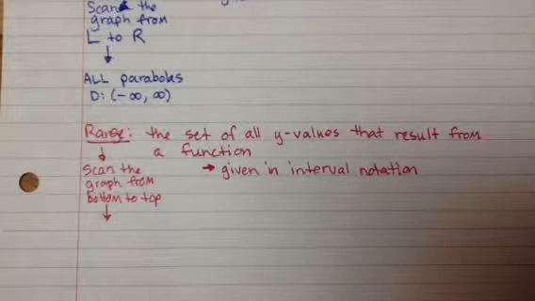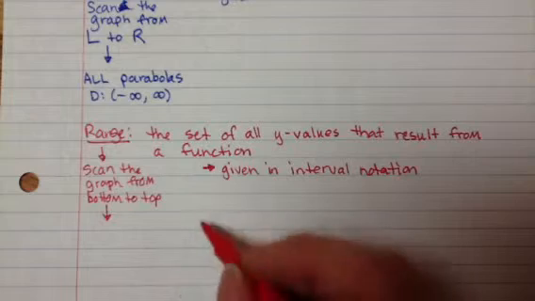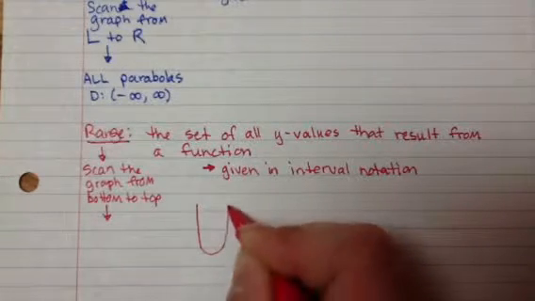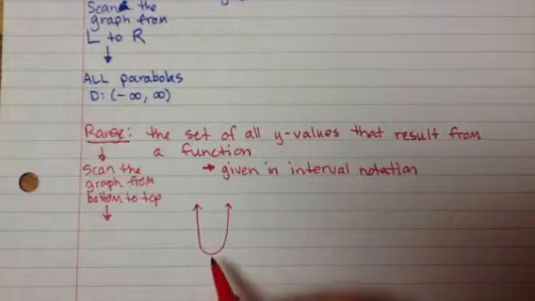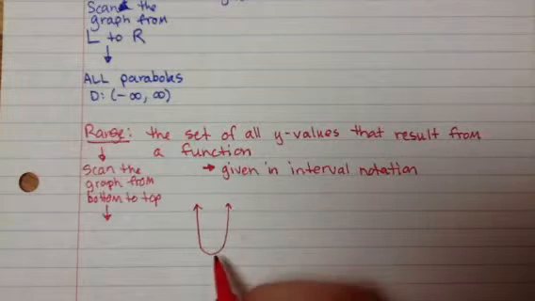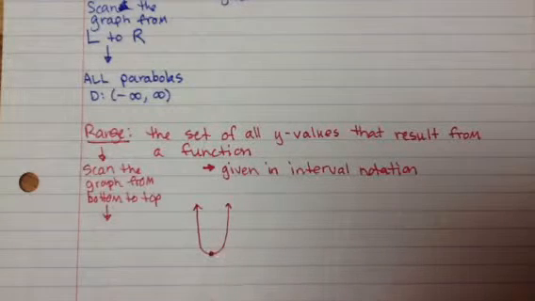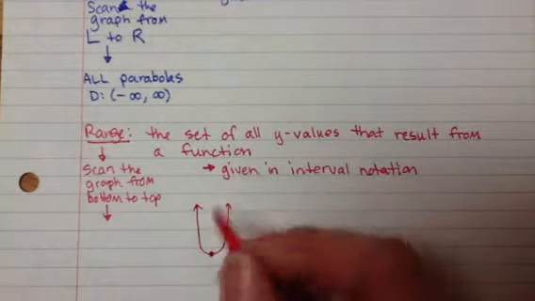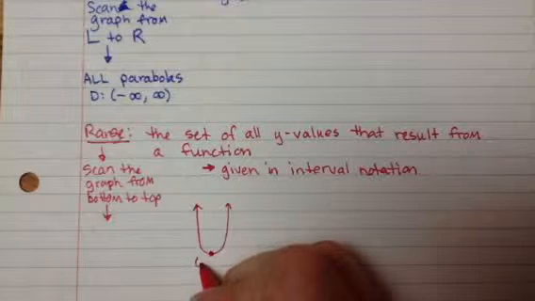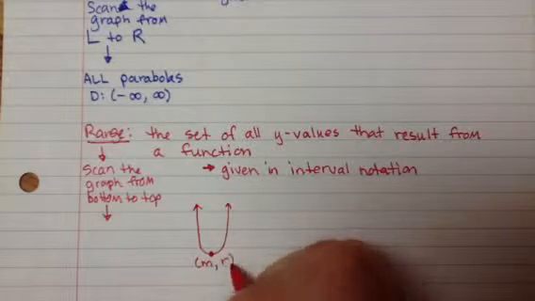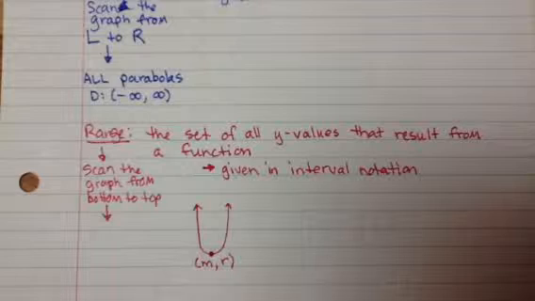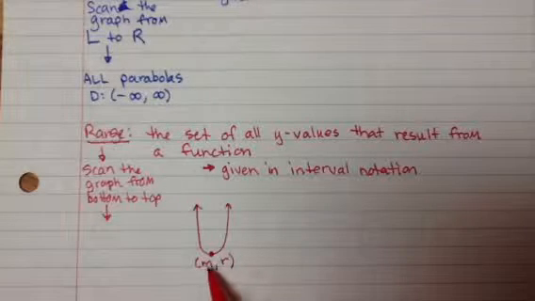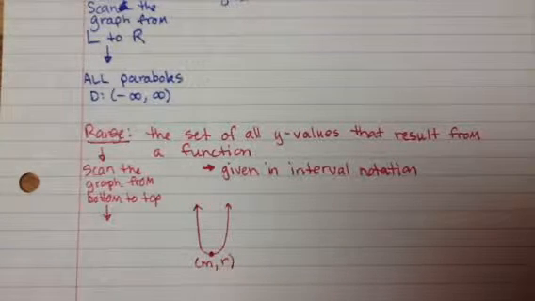The way that we find that is, if the parabola opens up, the range is going to start at its vertex. Let's make up just letters, say M and R. These will be numbers for our parabola.